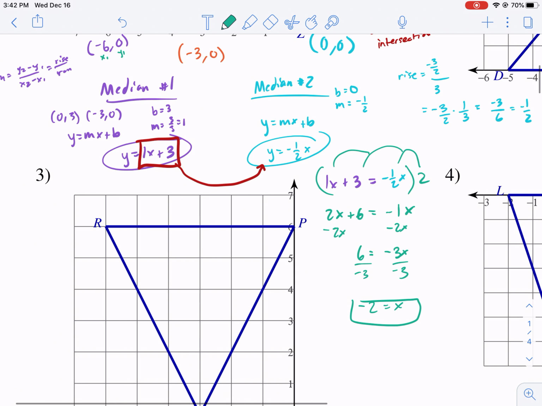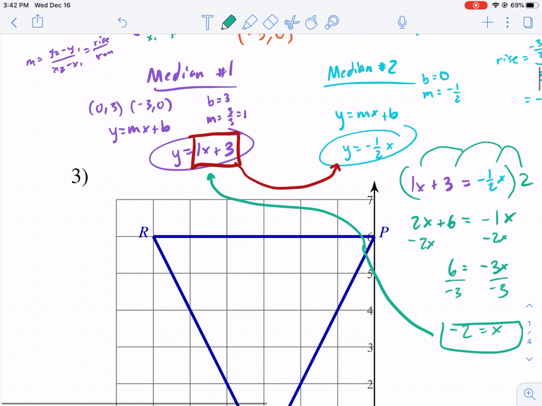What do I do with this once I'm done? I can plug x into either equation, either here or here, and then solve for y. The left one looks way easier, so I'm going to solve for y using the left one.